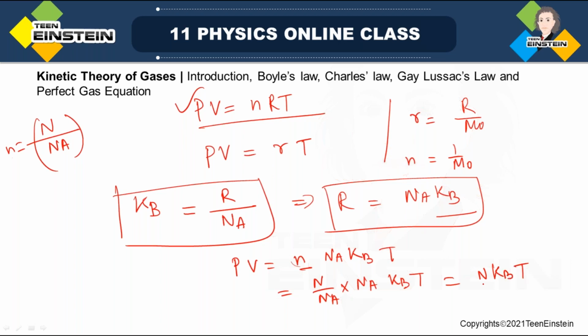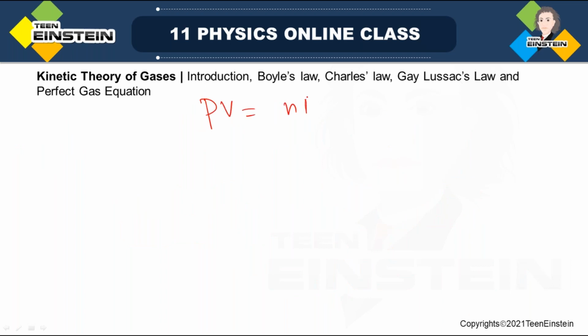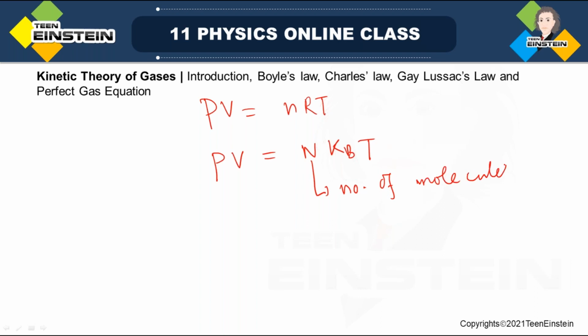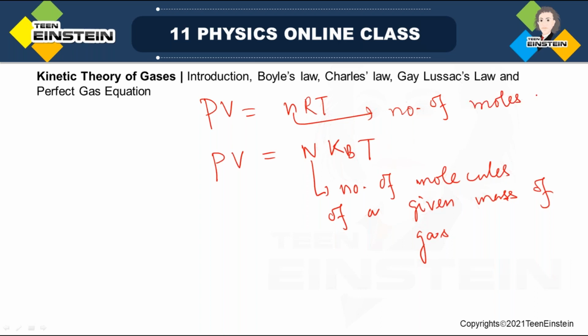Which will give you PV is equal to N Kb T. This capital N is the number of molecules in a given mass of gas. So we have finally got PV is equal to nRT, and another form in terms of Boltzmann's constant, N Kb T. Here N is the number of molecules of a given mass of gas, and n is the number of moles of the given mass of gas.